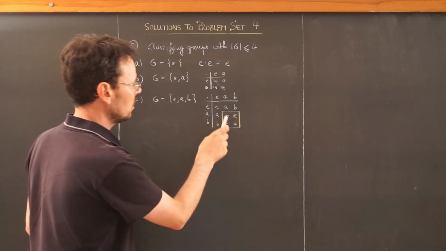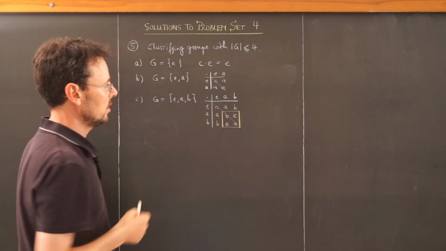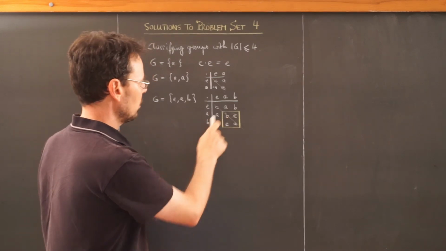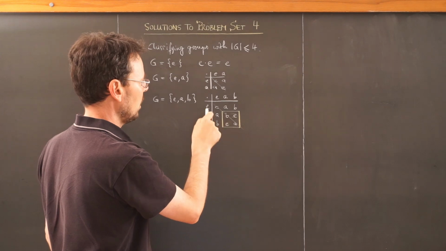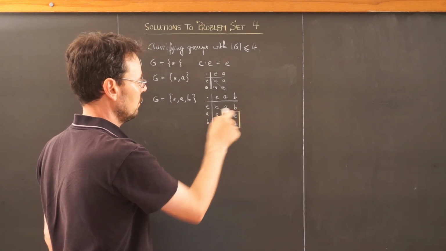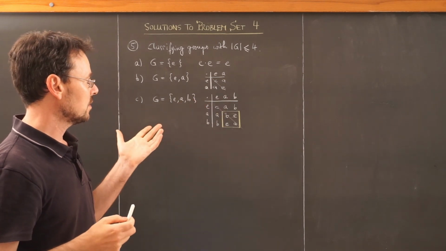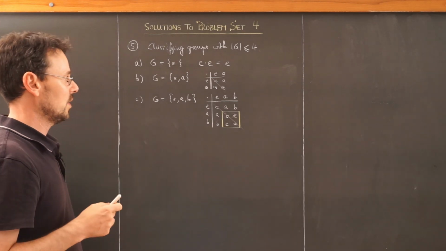I have commutativity because the table is symmetrical to this diagonal. Every element has an inverse, because here B times A is E, and of course because of commutativity A times B is E. So A and B are inverses of each other, and the identity is, as always, its own inverse.